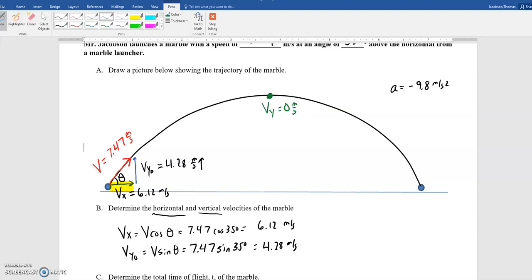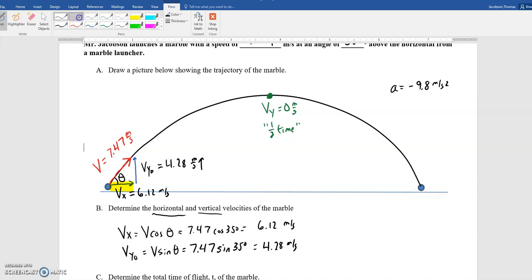It starts to actually increase its speed downwards. So for the smallest instant possible, the vertical velocity is 0 meters per second. This occurs at half the time, halfway through. We also have the object landing right back where it was launched from, the same height, I should say.